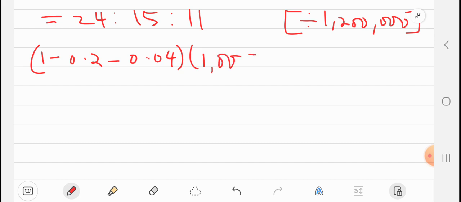We multiply it by 1,005,000 Ghanaian cedi, and this is 763.